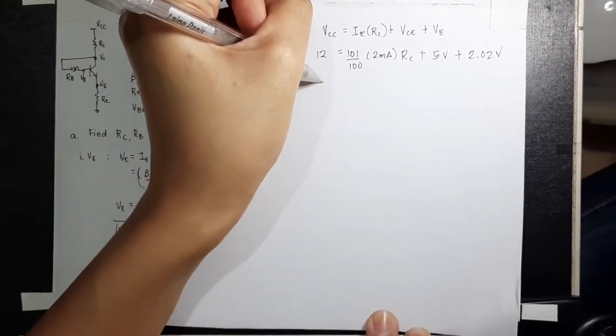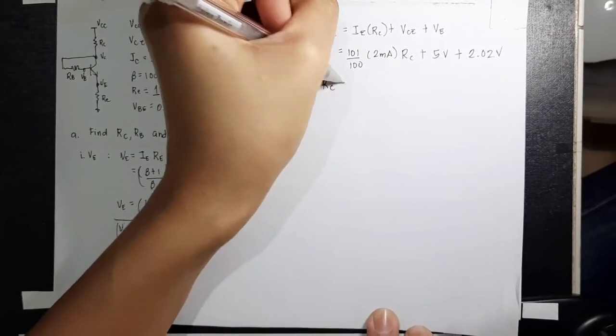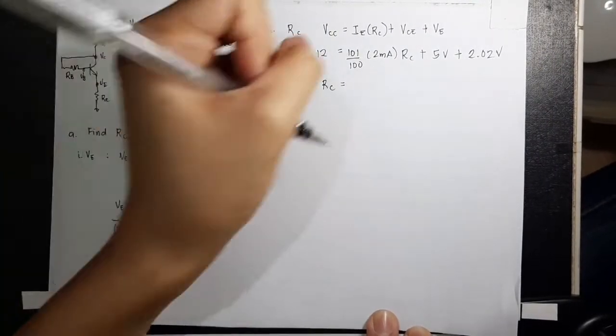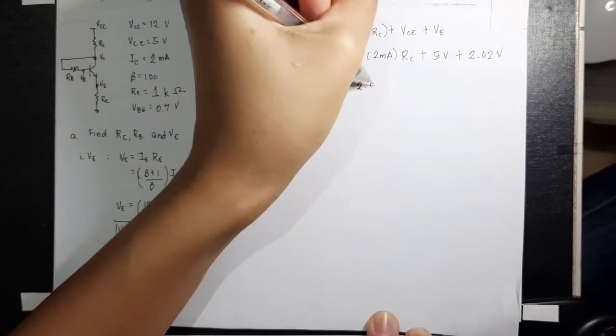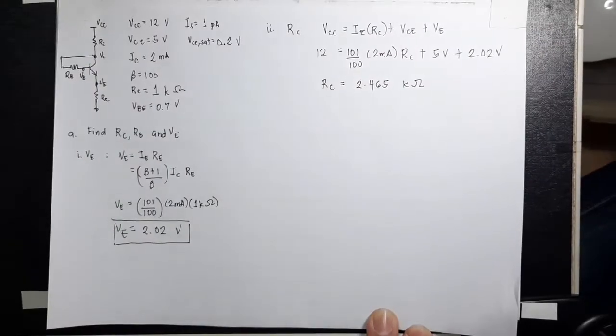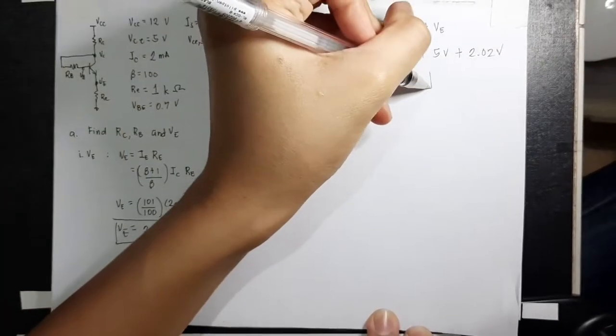So, isolating RC, we have RC equal to 2.465 kilo ohms.